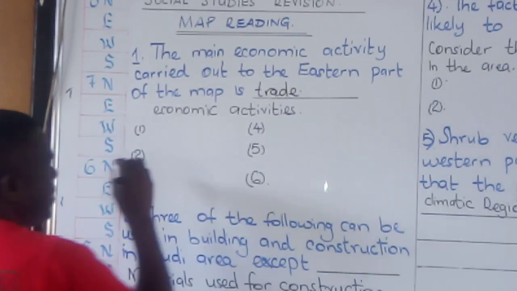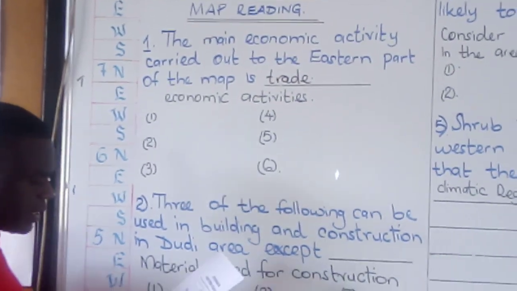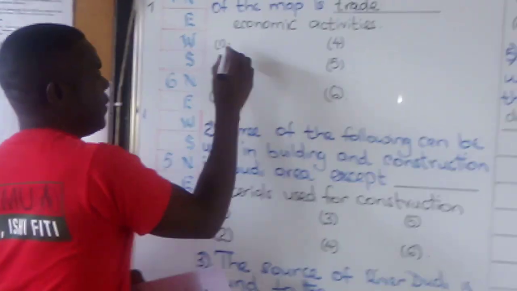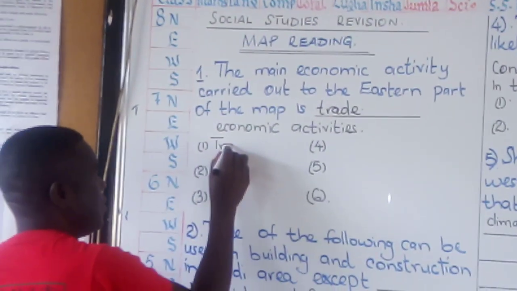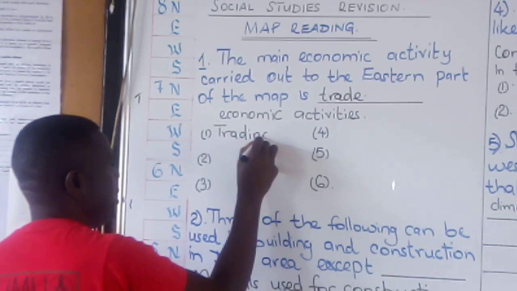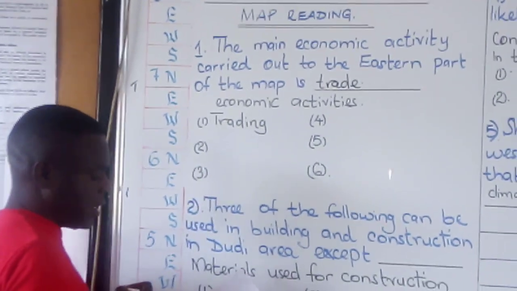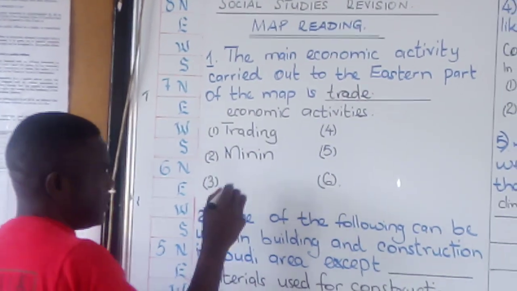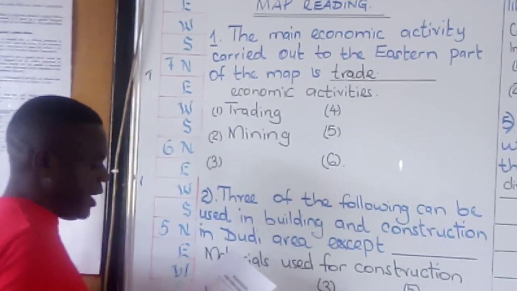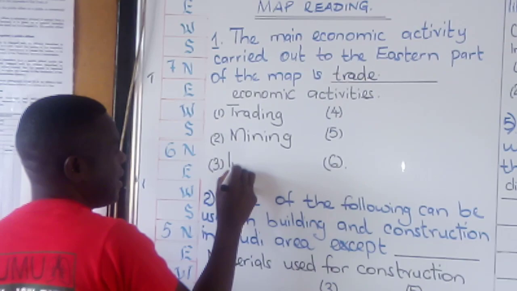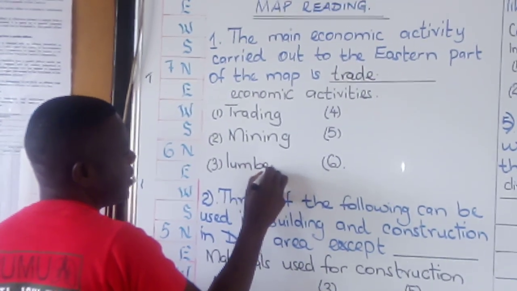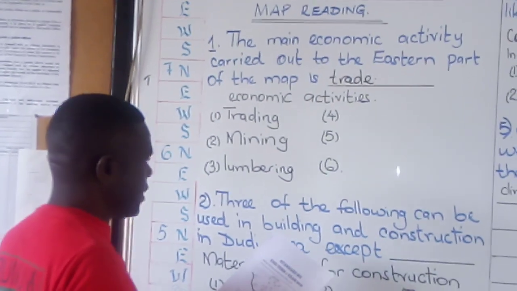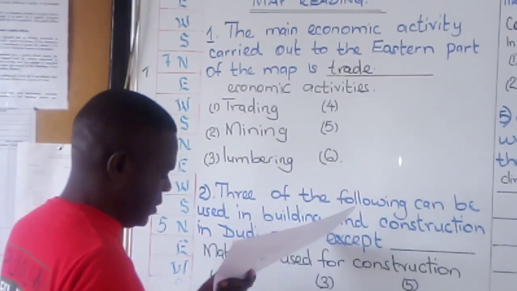Let's list down some economic activities that are always looked at in the map. There is trading, like the one we have mentioned there. There is mining as an economic activity. There is lumbering, an economic activity carried out in the area.